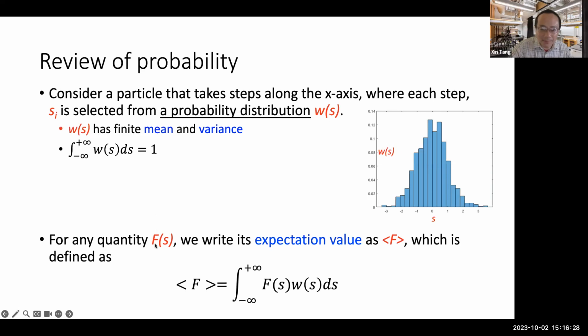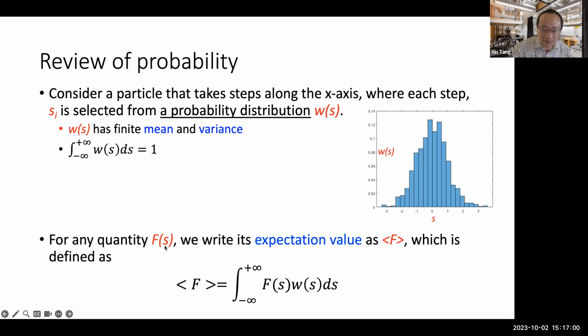S, the step, means that you take some step, and each step can be put into the function f, and that will yield a value. That value is this quantity, called f(s). If this quantity is dependent on the step, then after many steps, what's this value? We want to know what's this value.